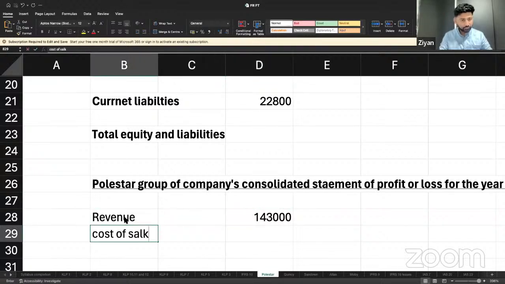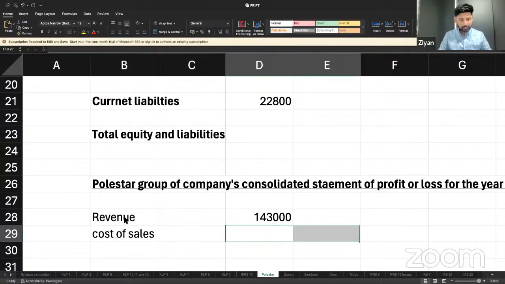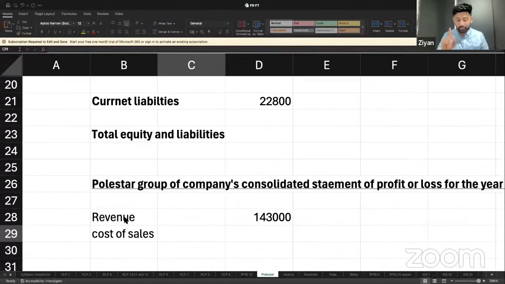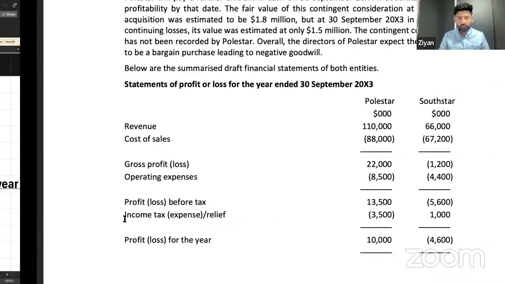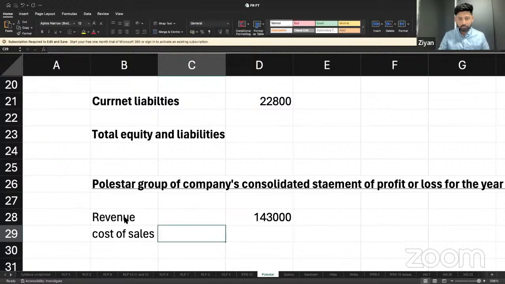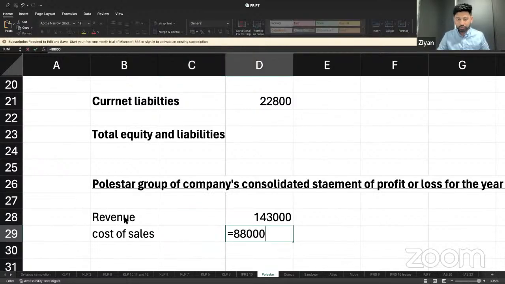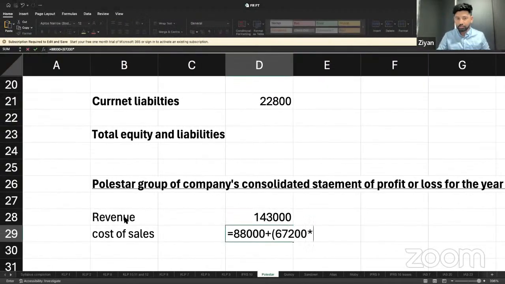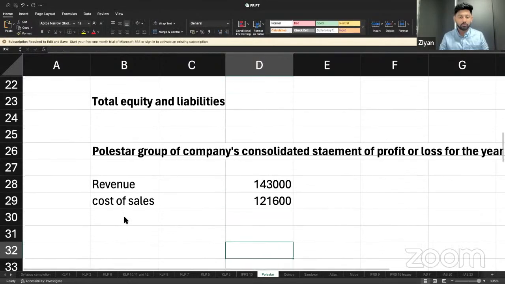Minus cost of sales. How much is the cost of sales? 88,000 plus 67,200 into 6 over 12. Equals 88,000 plus open brackets 67,200 into 6 over 12.